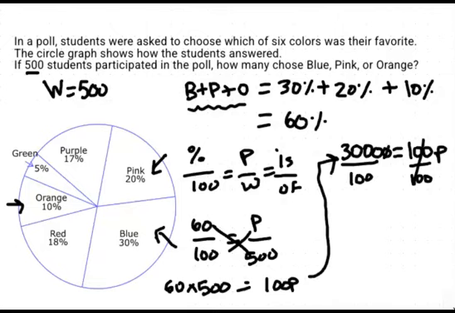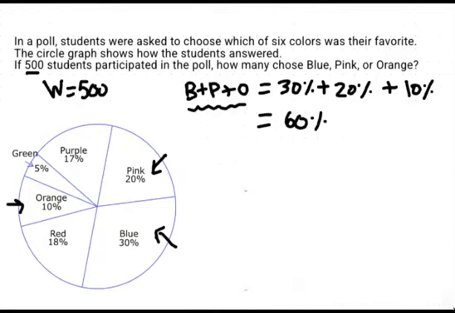That's gone. Zero's gone, zero's gone. So I'm left with 300. So 300 students chose the colors blue, pink, or orange as their favorite, and that represents 60% of the 500. Let's look at another way of doing this.